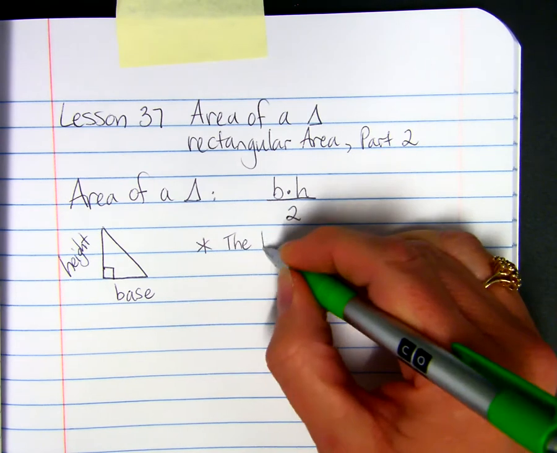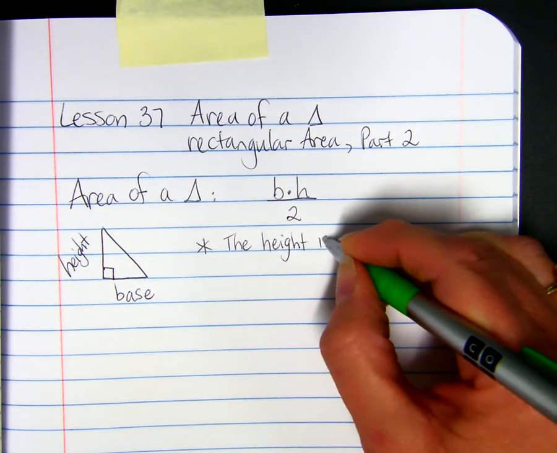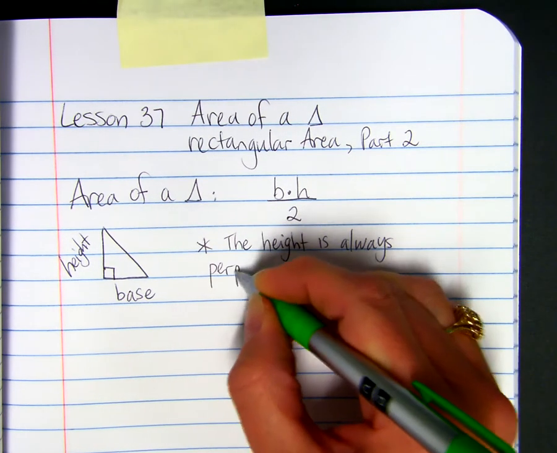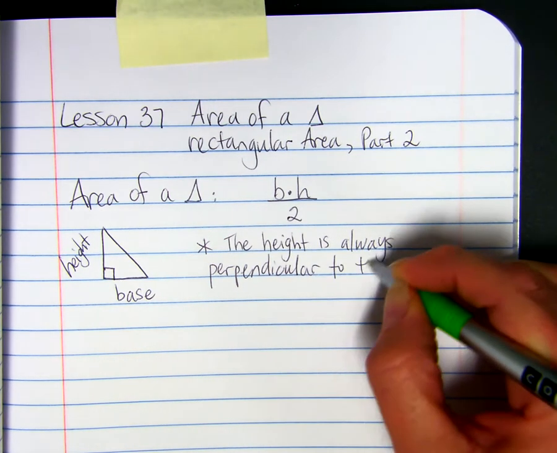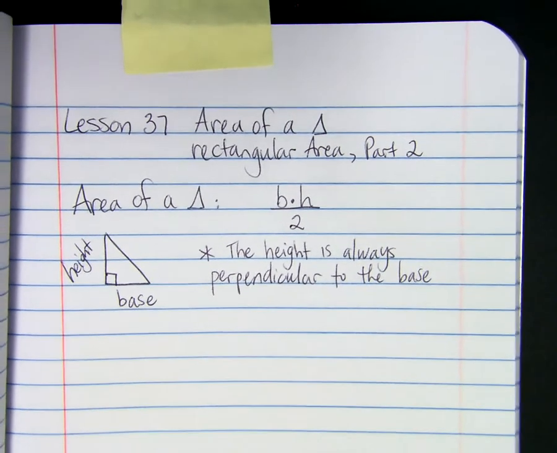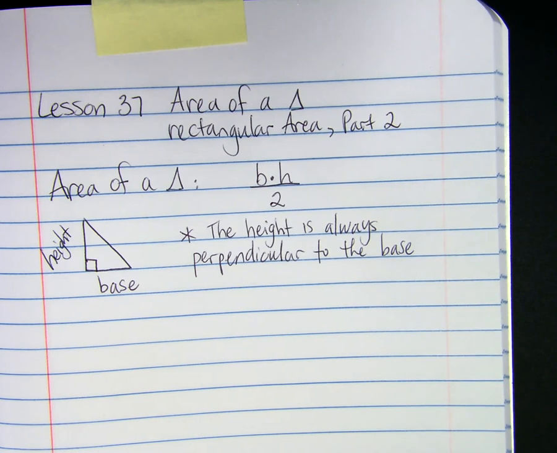So the height is always perpendicular to the base, or the height always comes down to the opposite side at a 90-degree angle.